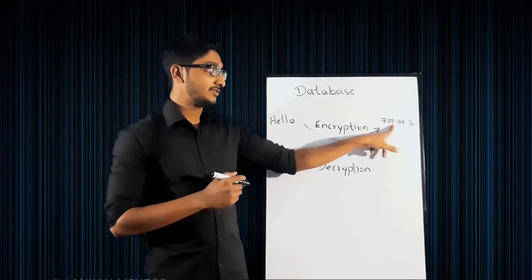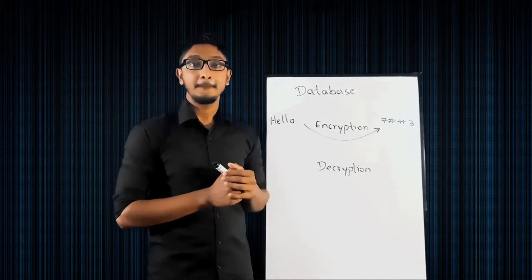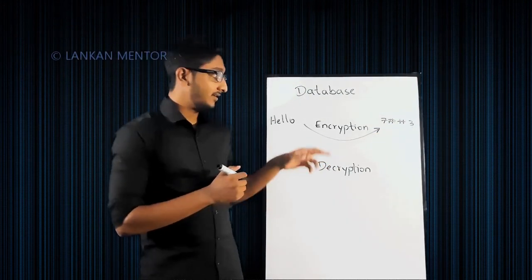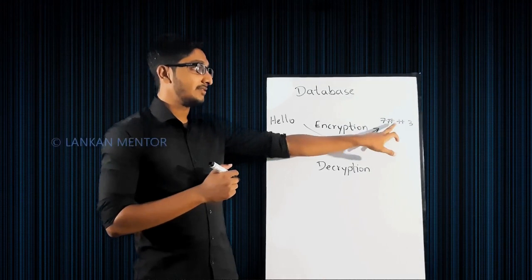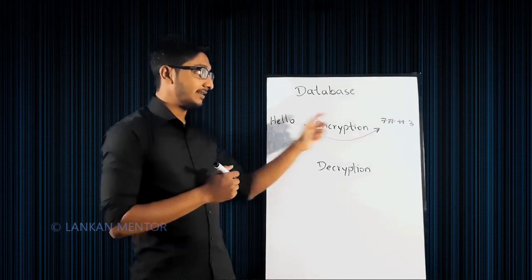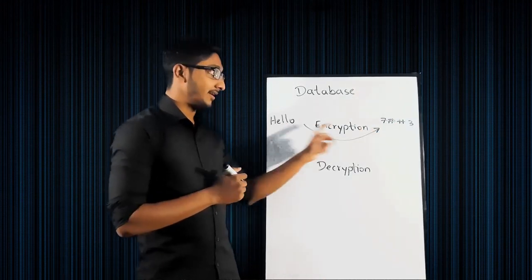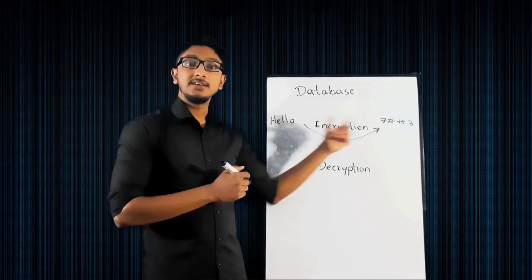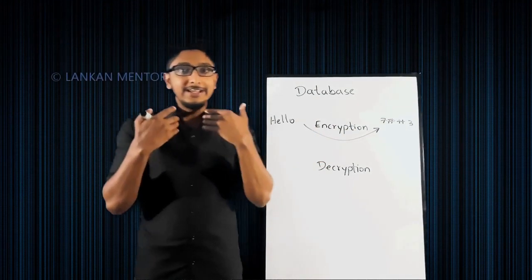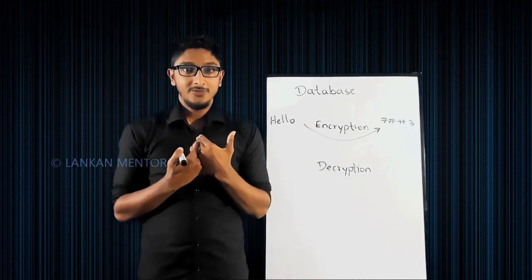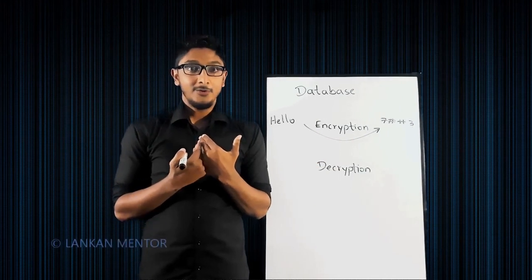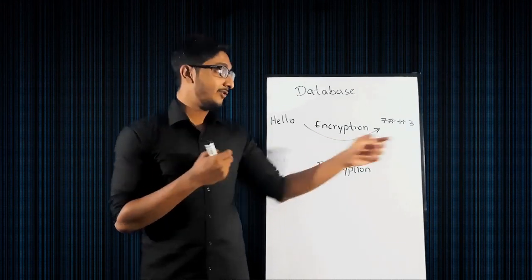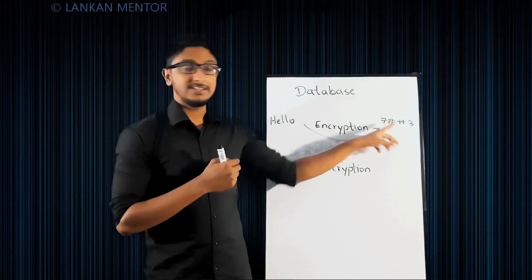7 hash plus 3. What is 7 here? 7 is H. Hash is E, plus is L, 3 is O. Now only I know this, right? Only I know that this is H, this is E, and so on.